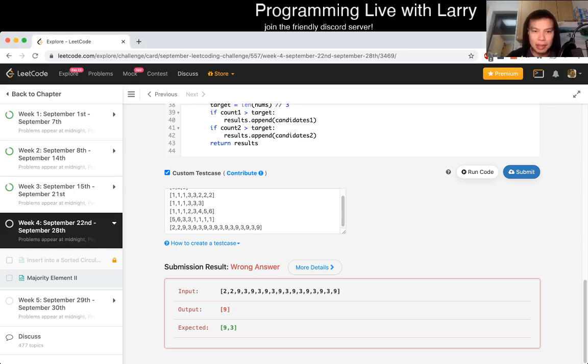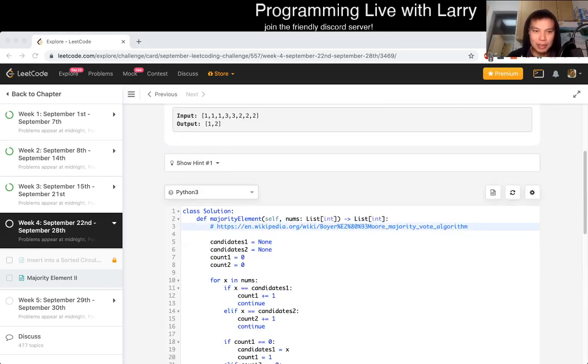I guess I don't remember this algorithm as well as I hoped. So I'm just looking a little bit on the Wikipedia article.